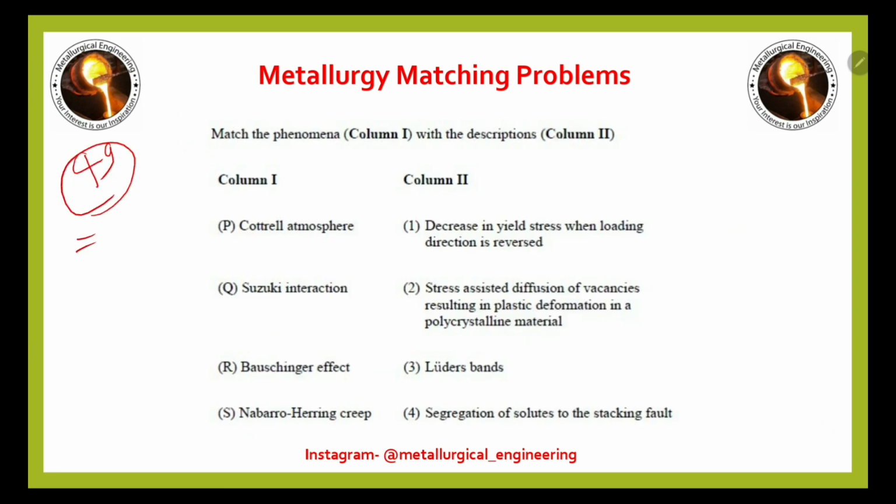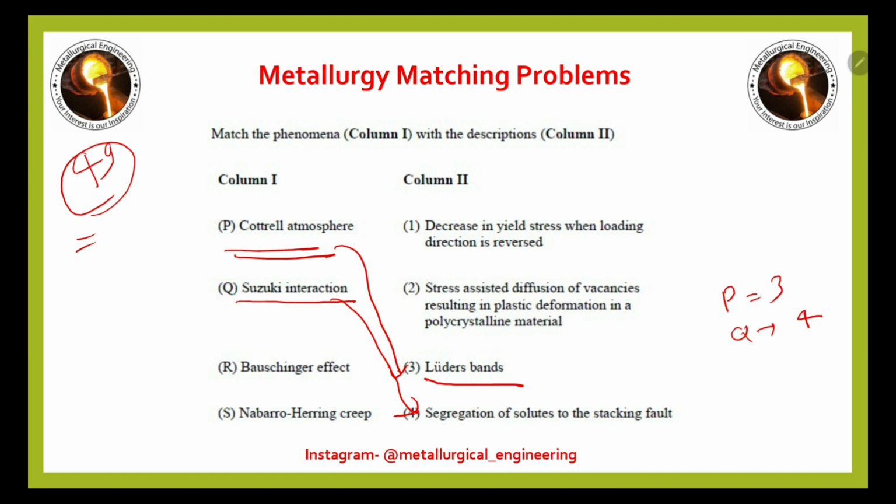In this we have to match the different phenomena with their descriptions. The Cottrell atmosphere is linked with Luder's band, and the Suzuki interaction is segregation of solute to the stacking faults. So P is 3, Q is 4. The Bauschinger effect tells about the decrease in yield stress when the loading direction is reversed, so R is 1.